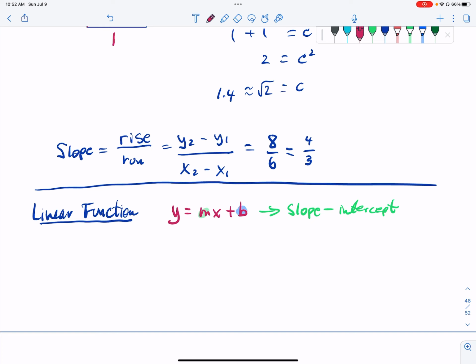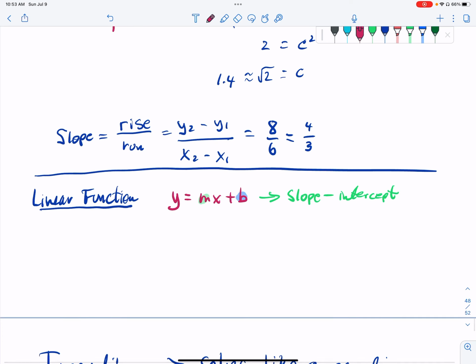Okay, another one, a little less common, but in my opinion, vastly superior, is called point slope form. It's y minus y1 is equal to your slope, m, times x minus x1. In this case, when it's called the point slope form, the point in question is x1, y1.